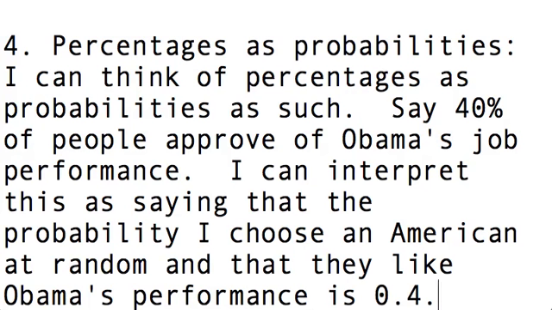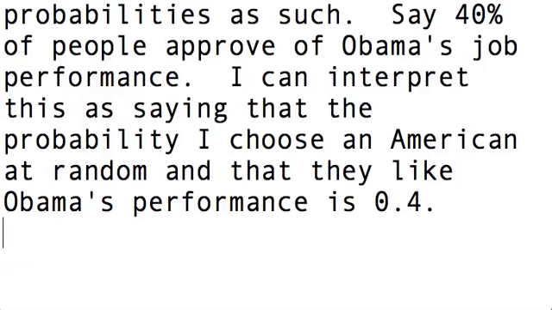So I interpret the percentage of people as saying I'm choosing an American at random and asking whether they like Obama. And so I'm suddenly changing a percentage into a sort of an experiment. It's like I'm polling. And the flip side to that is if you're polling, then you can get information about percentages. So you poll to collect some data, and that gives you some percentages.